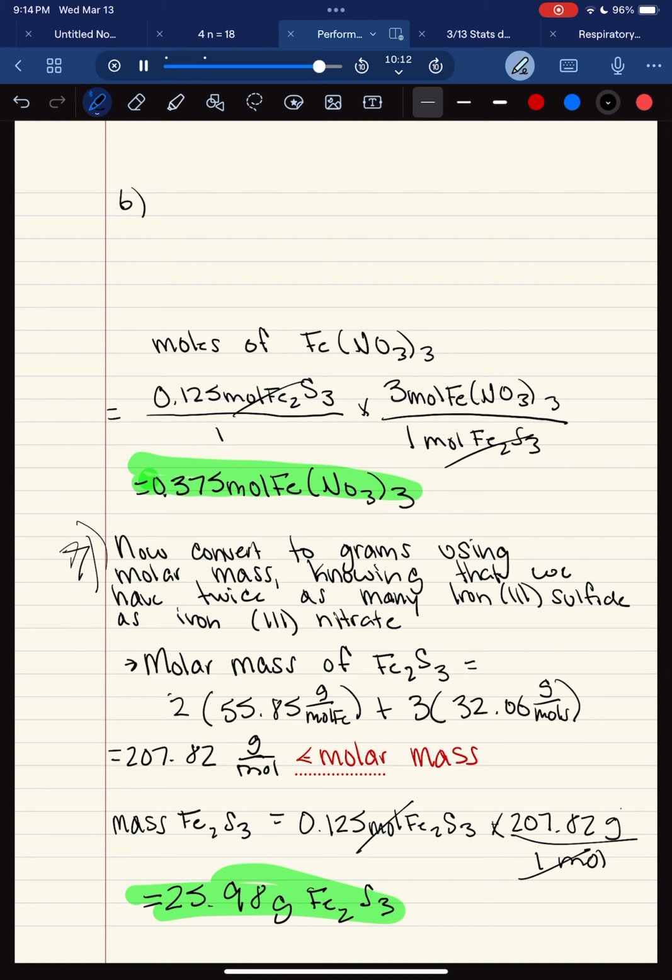Multiply 2 times that, 3 times that. It's going to bring us to 207.82 grams per mole. That's our molar mass. And then we multiply the molar mass times how many moles we have in our problem, which brings us to 25.98 grams of iron sulfide.